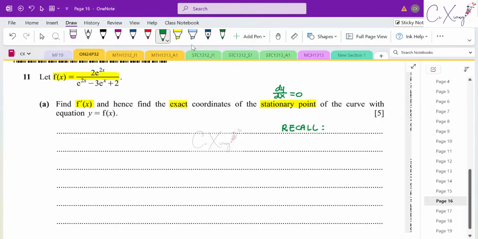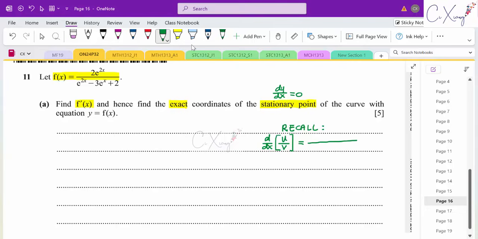Alright, so for this equation, because it is a fraction, like a rational function, when I want to differentiate any expression with this pattern, I want to apply the quotient rule here.